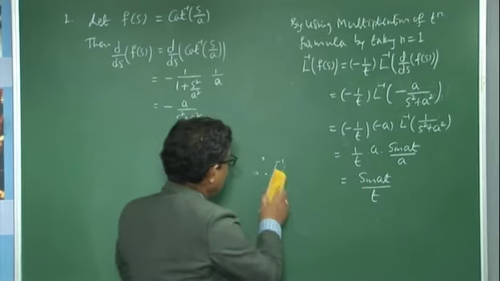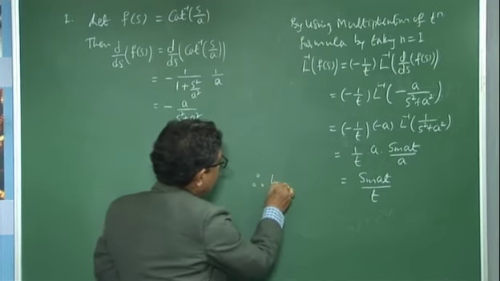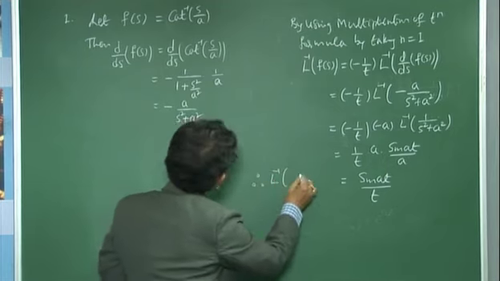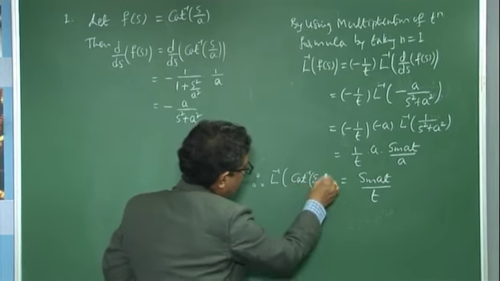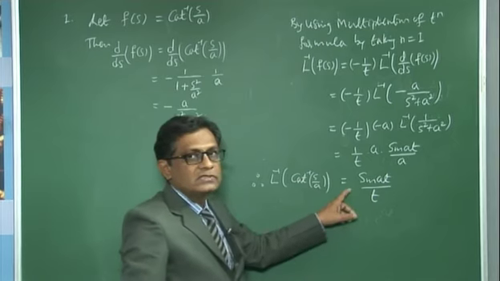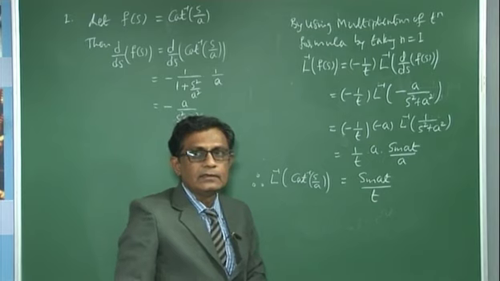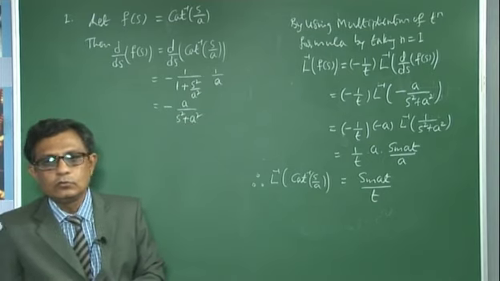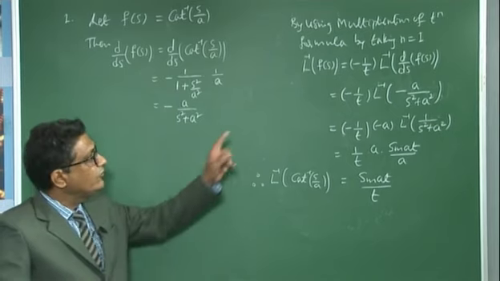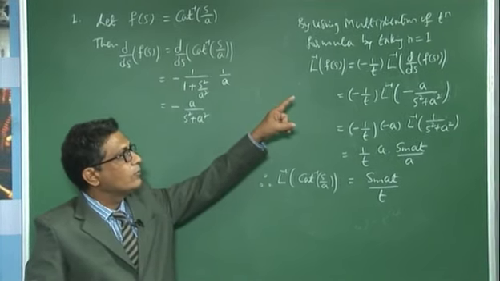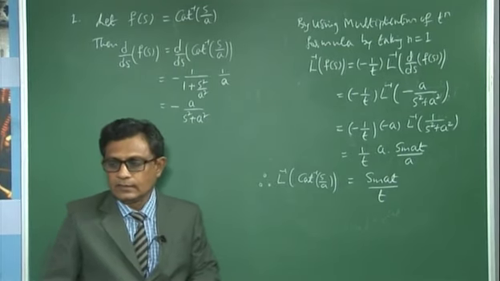Therefore, L inverse of cot inverse s by a is equal to sin at by t. Like this, you have to do the example by using the multiplication by t raised to n formula by taking n equal to 1. Yes.